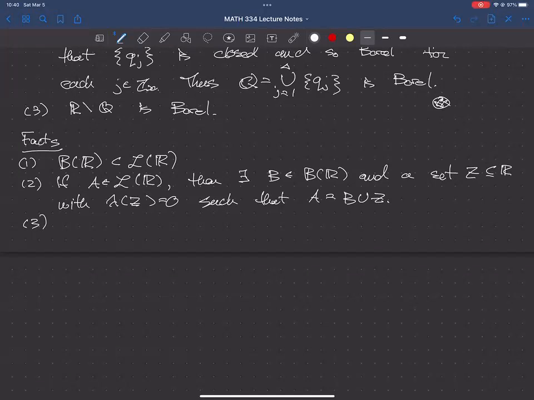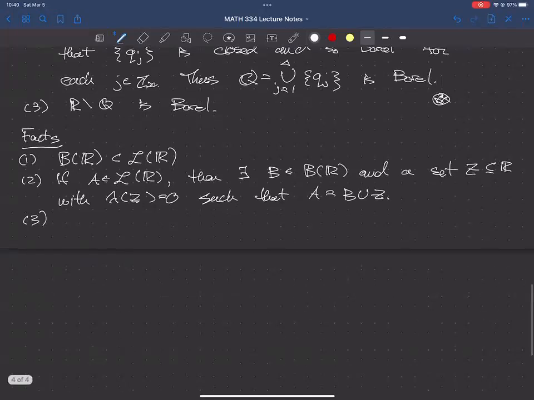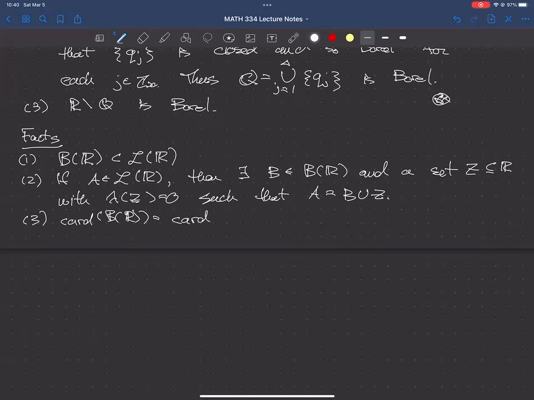And that is how many Borel sets are there and how many Lebesgue measurable sets are there? So what's the cardinality of the Borel sets? Well, it turns out the cardinality of the Borel sets is the same as the cardinality of R. You have to do some work to show this for sure. So there are as many Borel sets as there are real numbers.